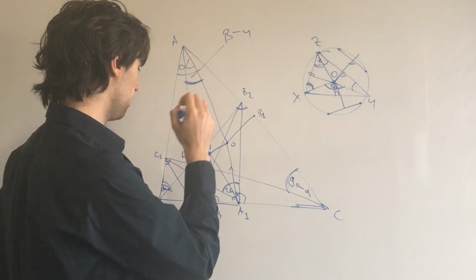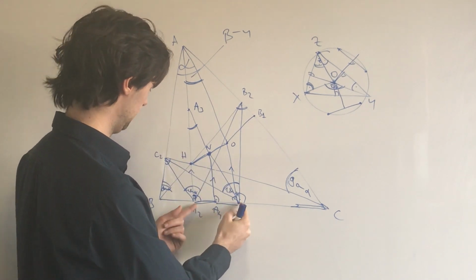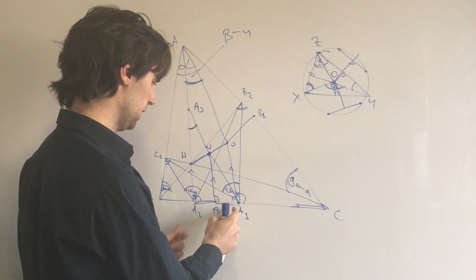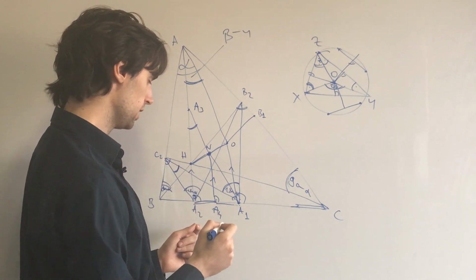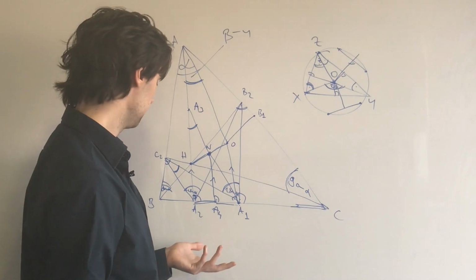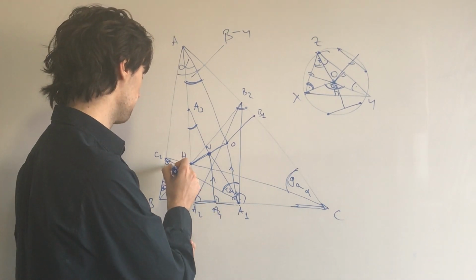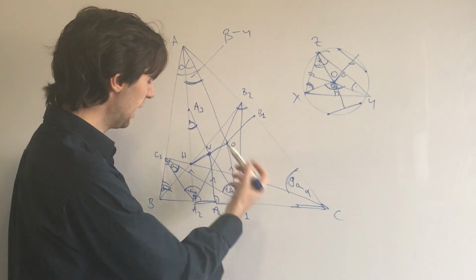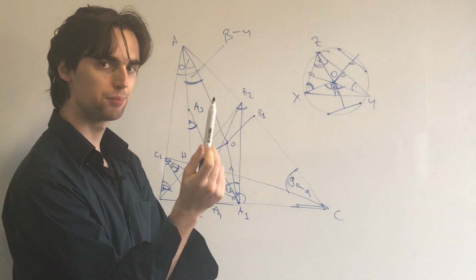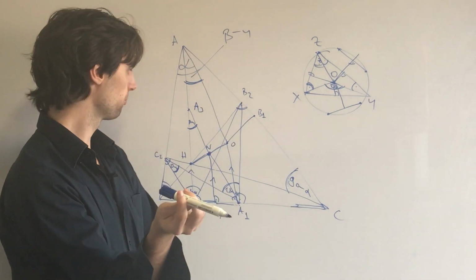And this angle right here is equal to the angle on this chord, A1A2, which when you calculate it also ends up being beta minus gamma. So we have A1A3 is parallel to AO and is equal to AO.